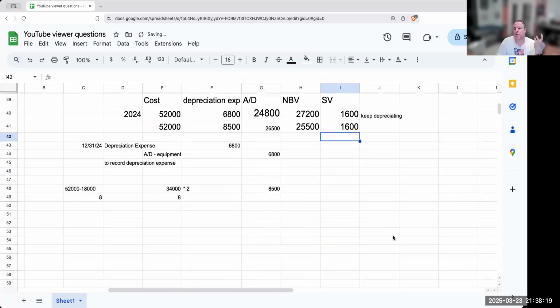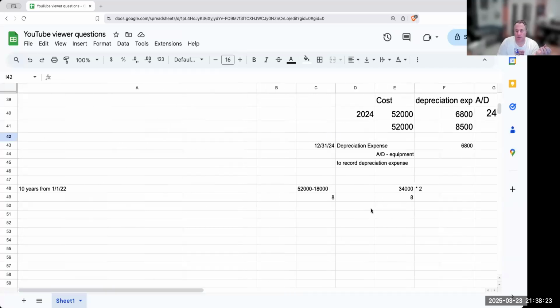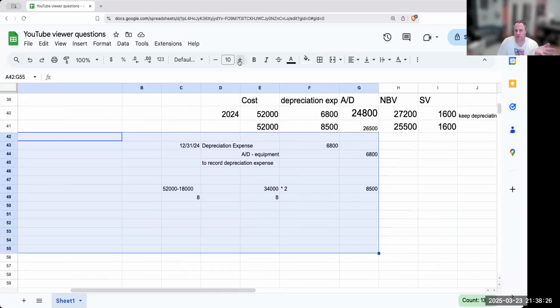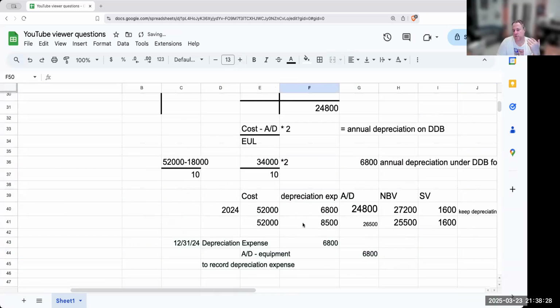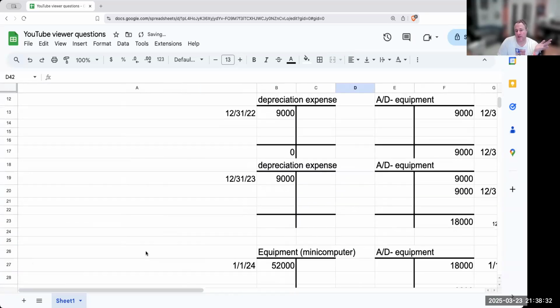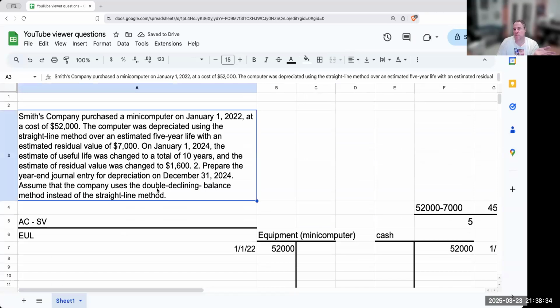So again, the way this is worded is very vague. I would want additional information dealing with this. It could be interpreted two different ways, right? But given the information that I was provided by my viewer, and thanks for submitting this question, this is how I would answer this question.